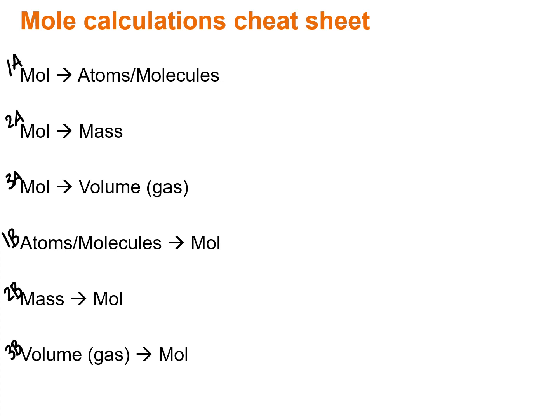To go from moles to atoms or molecules, we're going to use Avogadro's number. And that's true for both of these. But the unit factor you use is going to be different.